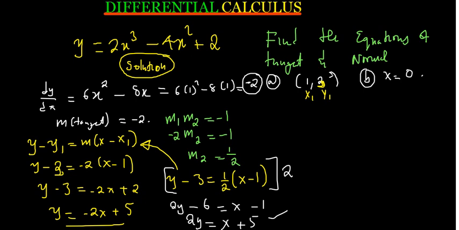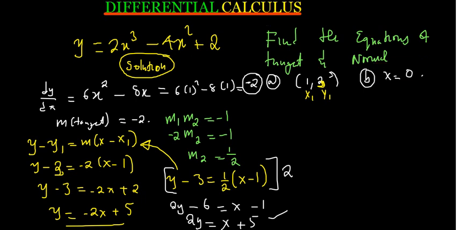So for b, when you want to solve b, they've only given you the x value, meaning that before you solve it, you first need to find the y value. So to find the y value, you are going to come to the actual function which has been given here.